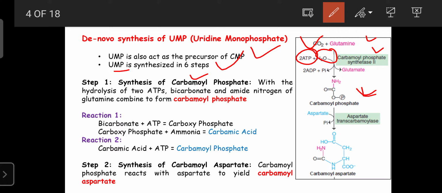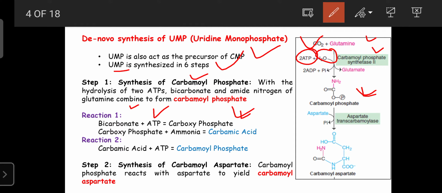In reaction 1, carbon dioxide reacts with water to form bicarbonate. That bicarbonate combines with ATP to form carboxyphosphate. Here ATP is a phosphate donor; it donates a phosphate and is converted into ADP, losing one phosphate group. That phosphate group combines with the bicarbonate and forms the carboxyphosphate.